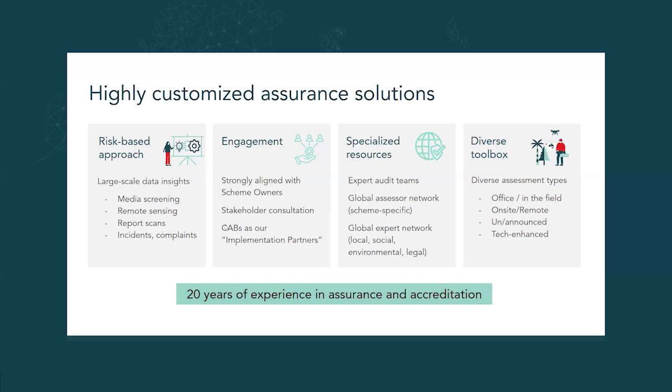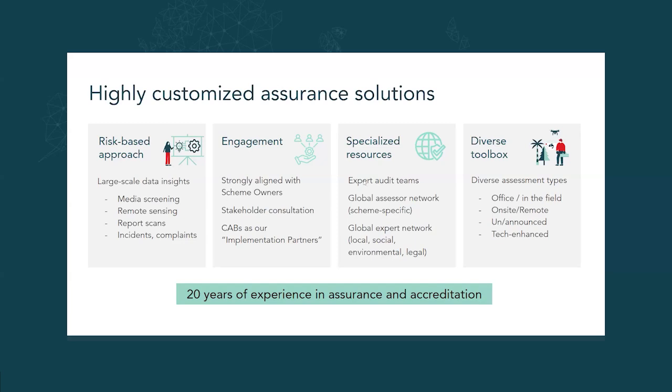This is why we call them implementation partners, and this is why we also provide a lot of feedback to them, where they stand on a benchmark compared to other CABs, where they are strong or where they need to improve. So we have regular reporting, also summarized in an annual performance report for every individual CAB.